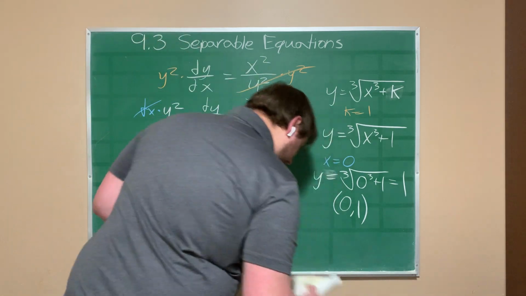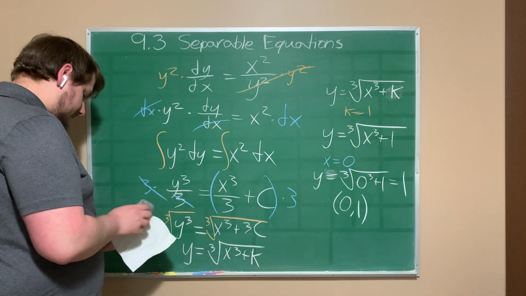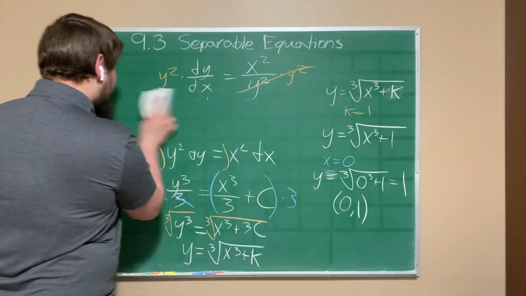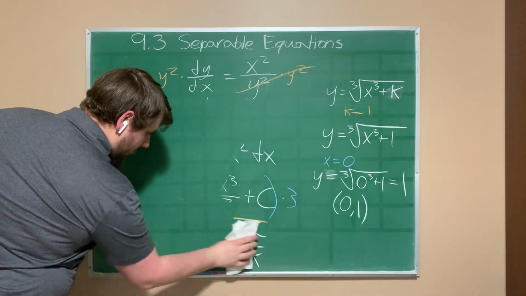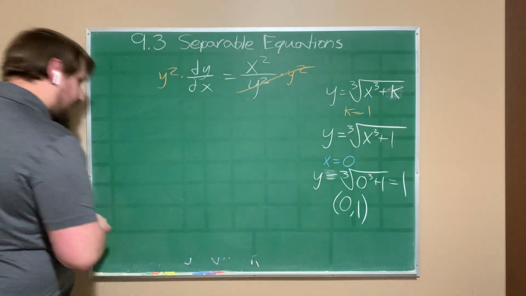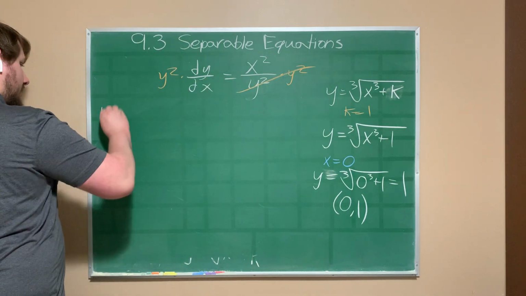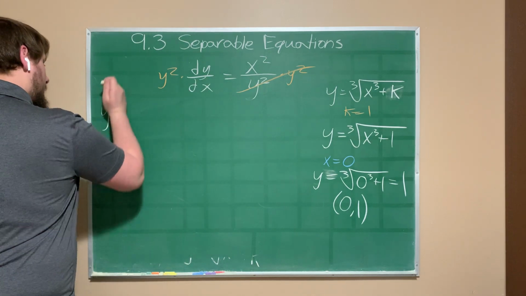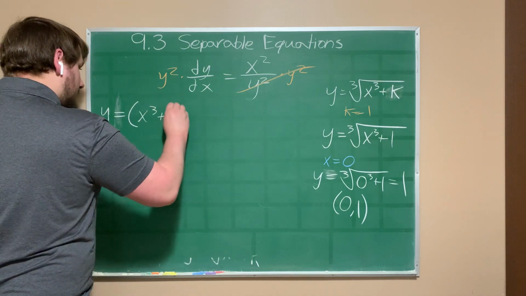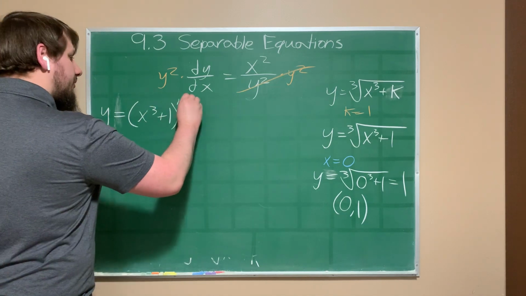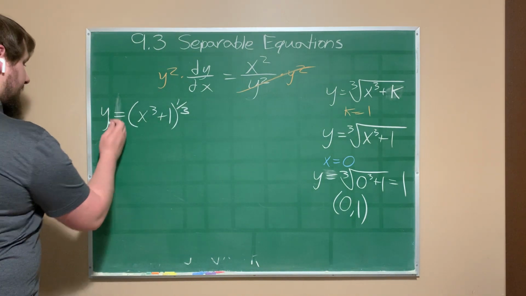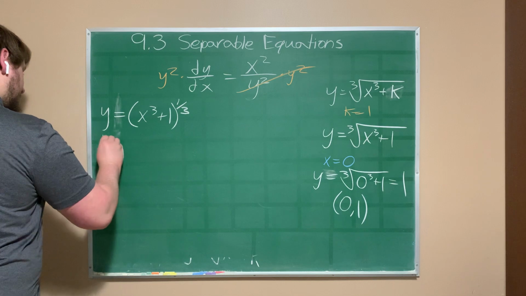Well, in order to figure that out, I'm going to need to actually take a derivative here. And that means I'm going to need to do a chain rule, so I'm going to need some room to write this. So we have y equals the quantity x cubed plus 1 to the power of 1/3. To take a derivative here, y prime, or dy dx, just for consistent notation.